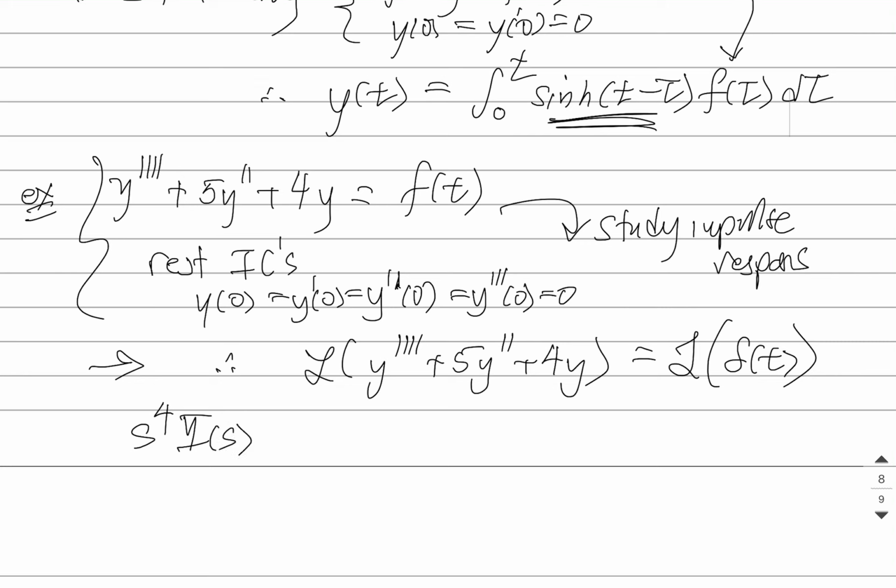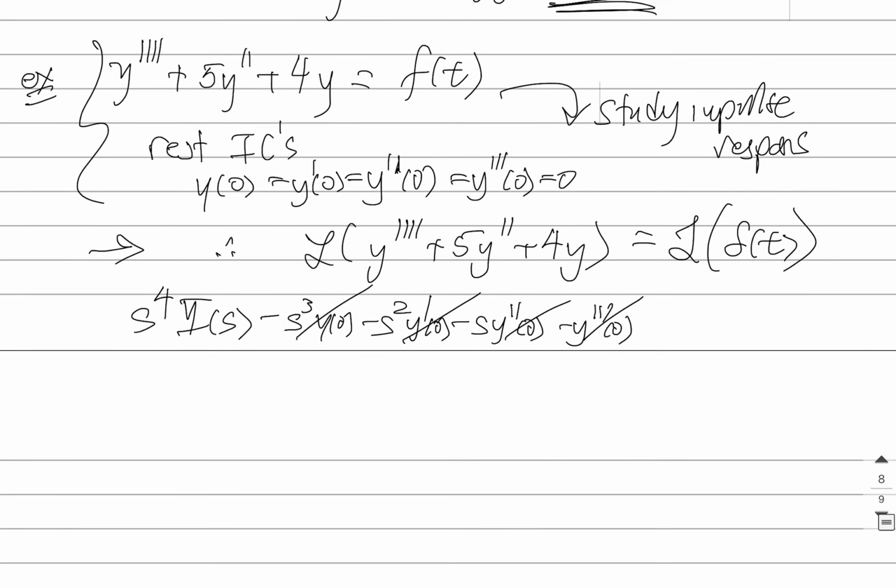There are going to be several other terms: s cubed y of 0, s squared y prime of 0, s y double prime of 0, minus y triple prime of 0. All of those terms are going to be 0 because of the rest initial conditions. We'll have 5s squared Y, minus s y of 0, minus y prime of 0, plus 4 capital Y of s.